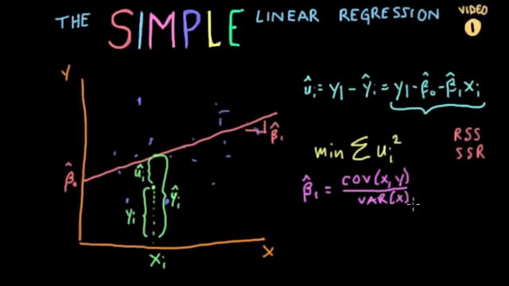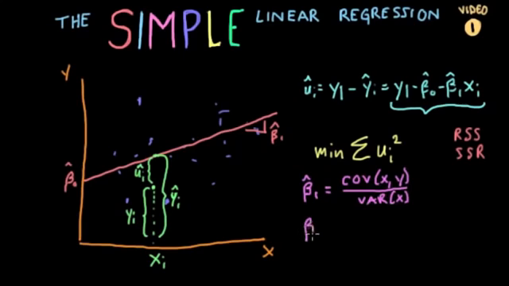So in OLS, given any data set, you'll be able to find the variance of x and the covariance of x and y, and that is what will give you your beta 1 in a simple linear regression. And it's as simple as that.